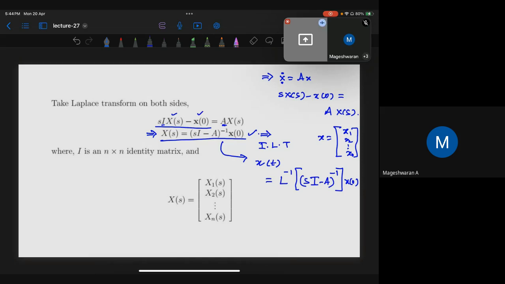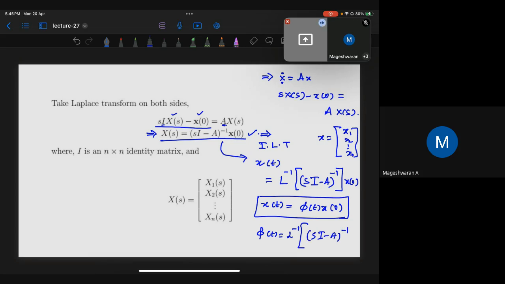Now this can be written as x of t is equal to phi of t into x of 0, where phi of t is nothing but the Laplace inverse of (sI minus A) whole inverse.